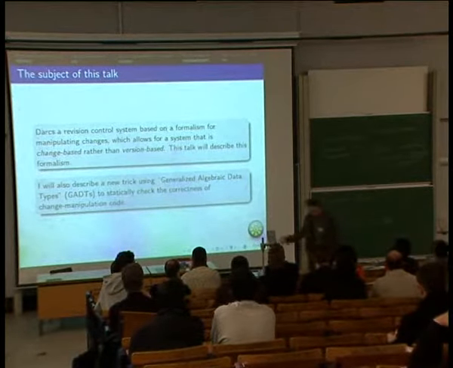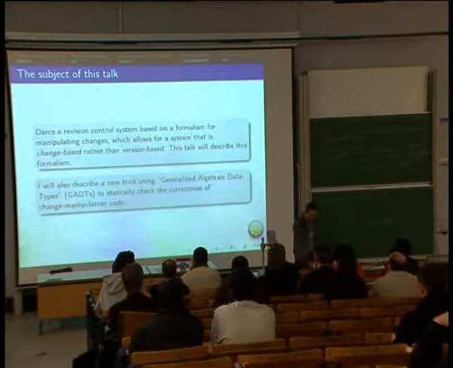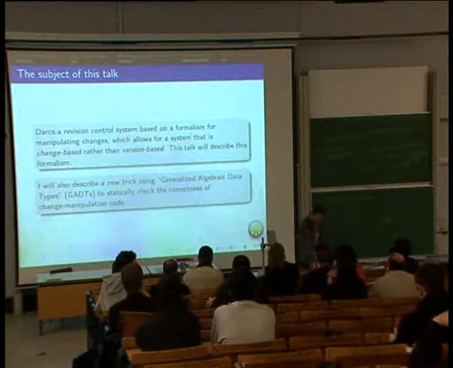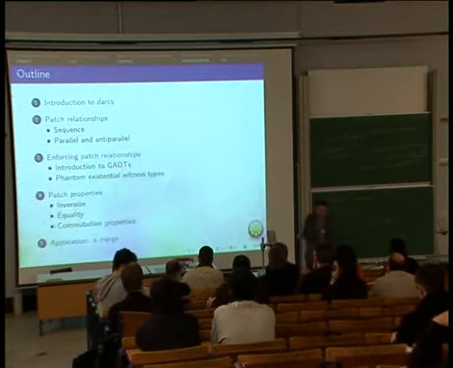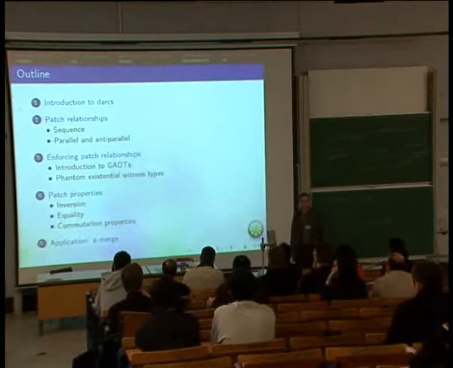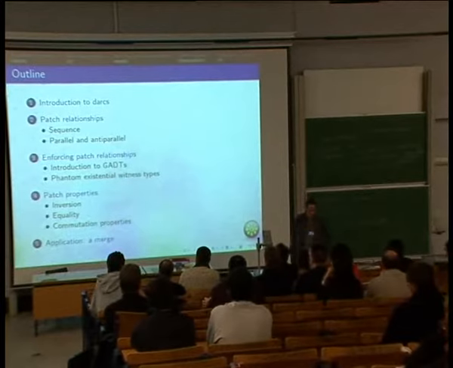So I'm a little bit hesitant, I guess, about whether for a general non-Haskell audience this will be appropriate. I'll try to introduce all the Haskell notation, all the Darcs notation that's necessary, but just bear with me as we go along. I'll start with an introduction to Darcs, then I'll introduce you to patch relationships, which is sequence, parallel, anti-parallel.